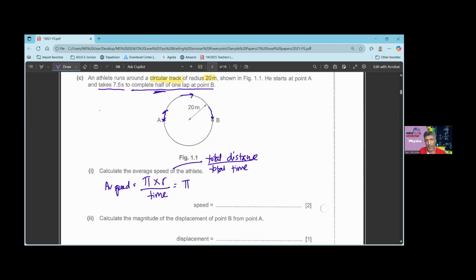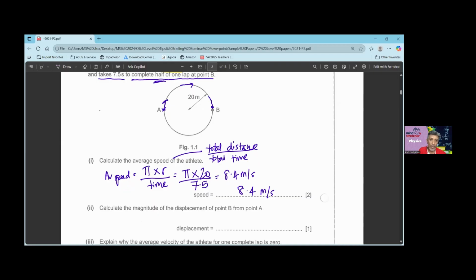So it's pi times 20 divided by 7.5, and you work that out to get 8.4 meters per second. This is your answer, 8.4 meters per second with the correct units.